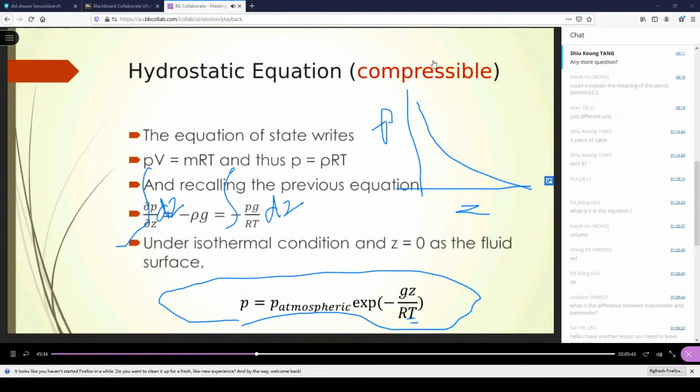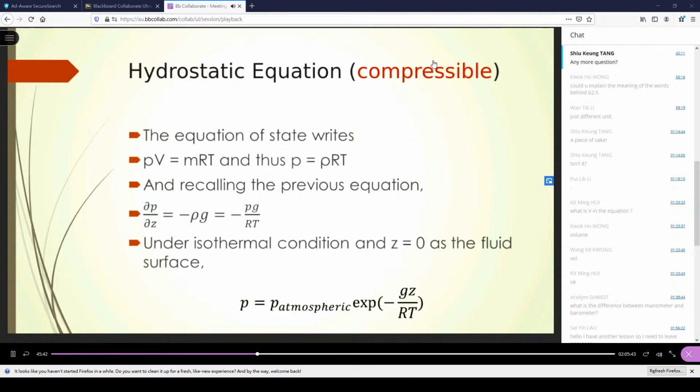Now in the previous case, when we have a constant rho g, the pressure decreases like this.